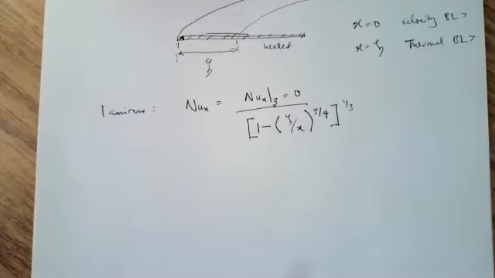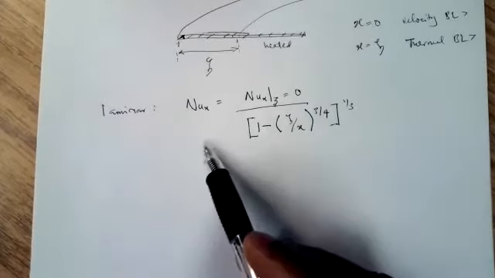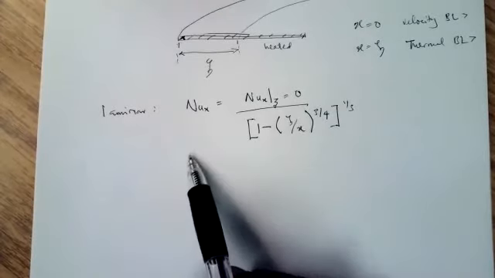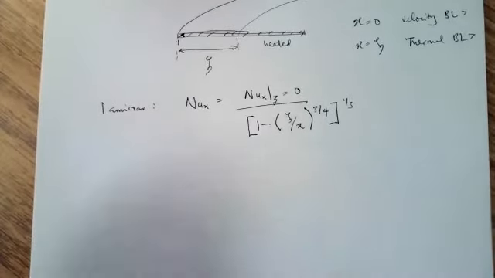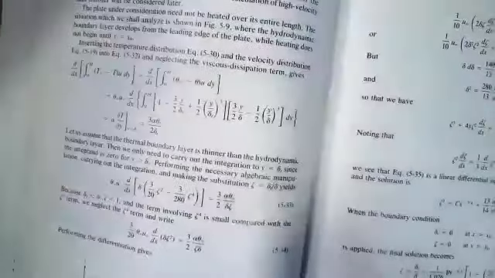Now, just to make you appreciate what is going on here, there's a lot of math that went into coming up with this expression, okay? I just brought my textbook here. I just want to show you an example of a derivation process to arrive at this expression, okay?